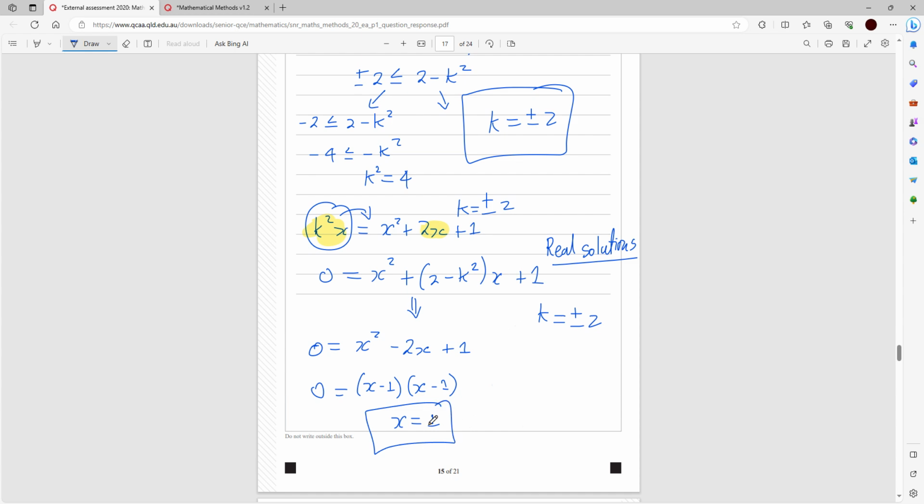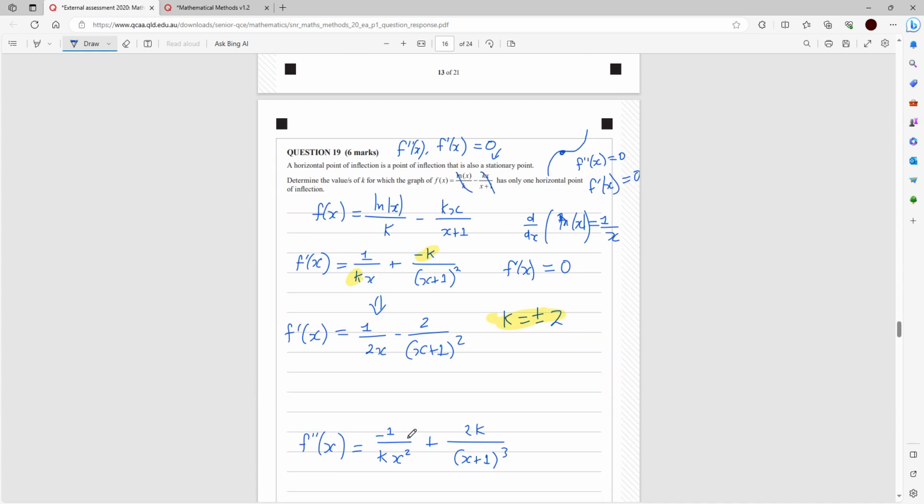So that means there's a horizontal point of inflection at x equals 1. So if I have this k value in all these equations, whether it's positive or negative, oh, that's 2k, so that'll be 4, and that'll be 2. So that means f dash of 1 should be 0, and so should f double dash of 1. Okay?